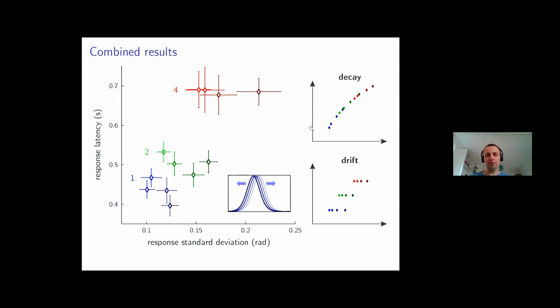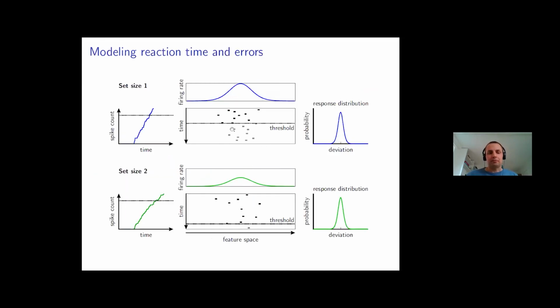Now we went a little further and actually modeled the data with this simple population coding model. And there's still one little trick that we need to explain the data that I went over before. So if we do this integration of spikes over time, this is the plot as I've shown before, we just count the spikes, and when I've gotten enough spikes after the cue was presented, I initiate the movement.